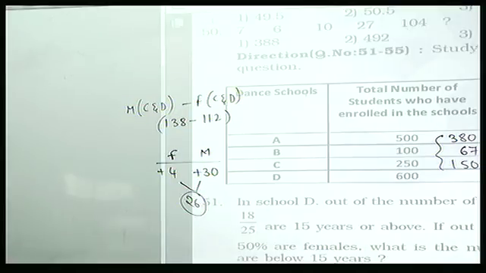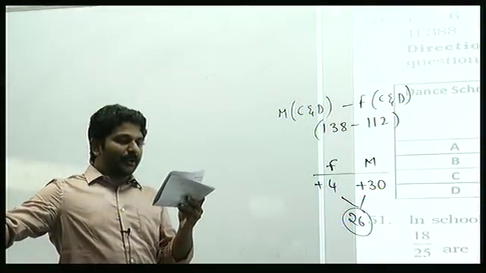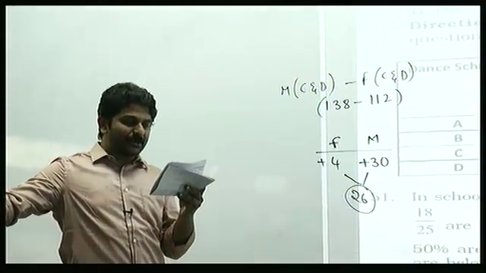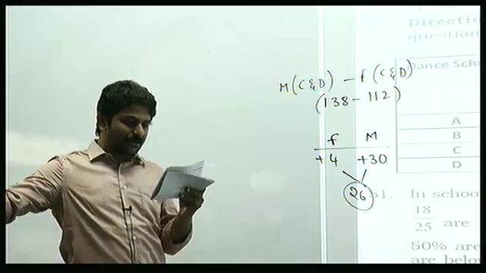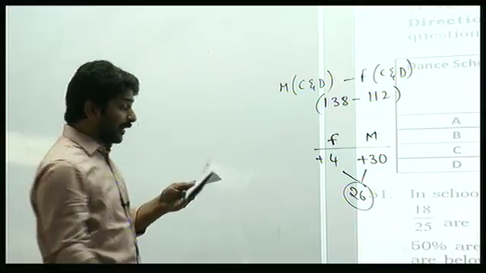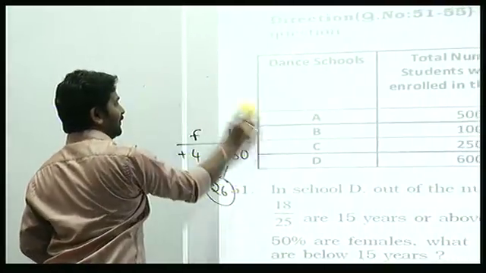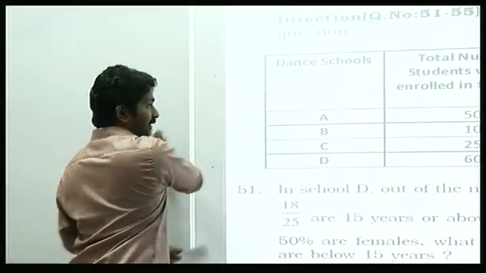Next, 54. What is the respective ratio between total number of male students learning Kathak in schools A and B together and total number of female students learning Kathak in the same schools together?